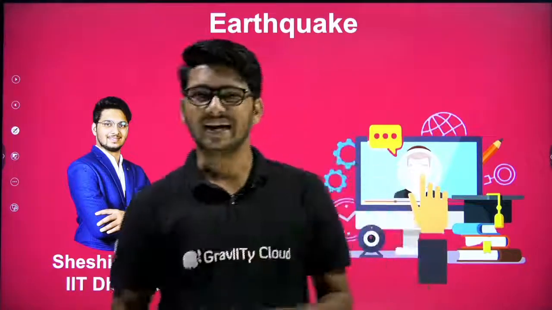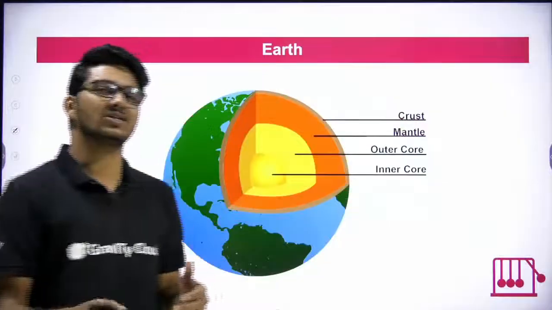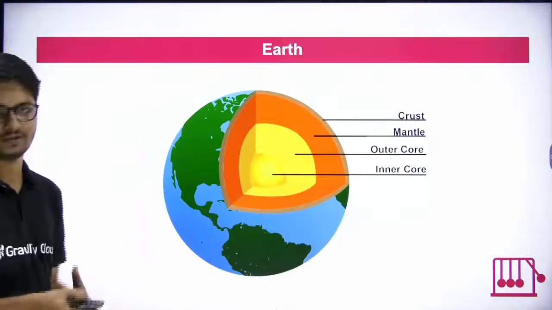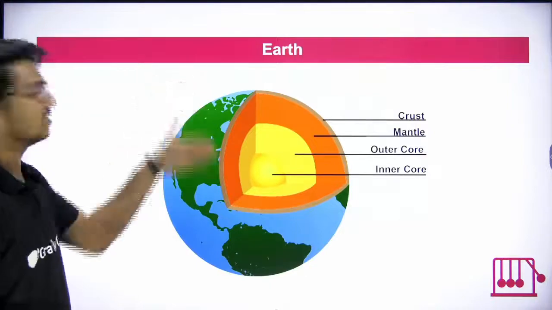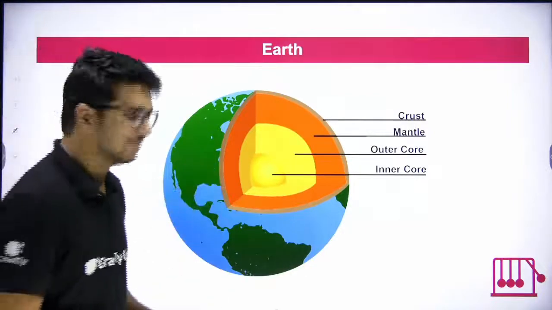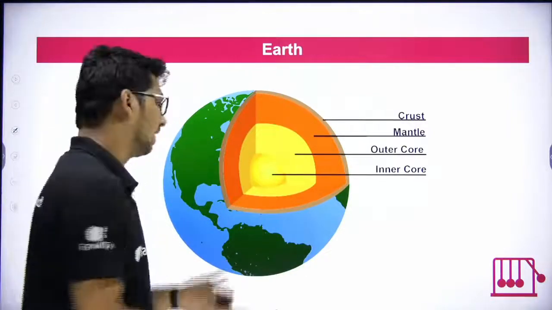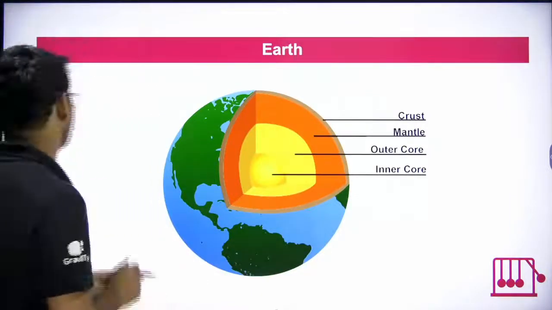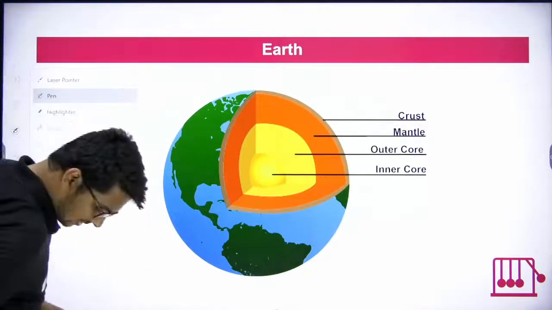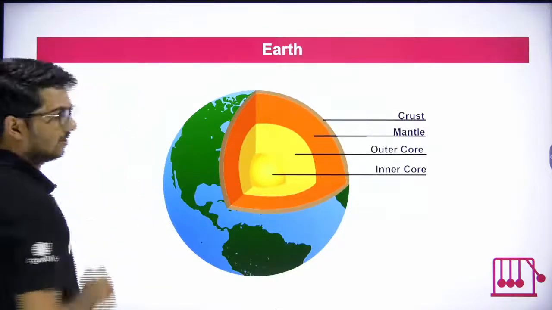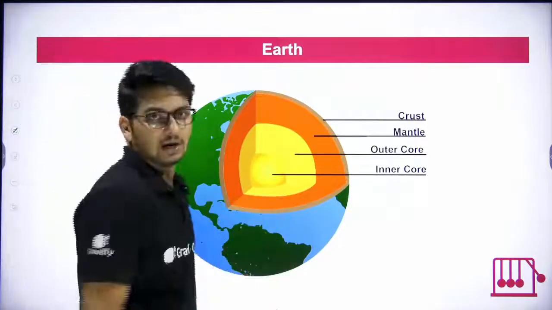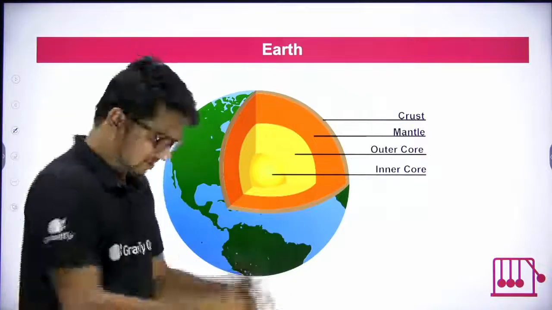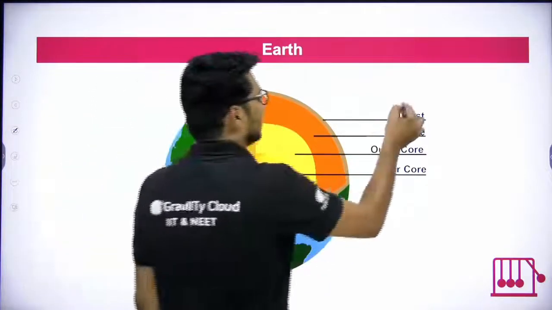So to understand earthquakes, we have to understand a bit regarding the earth. If you cut the earth and look into it, there are four main parts that we can see. The one that we are living on, the ground basically, is the crust.